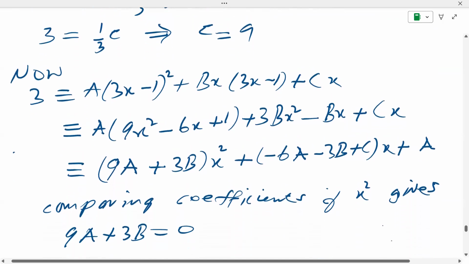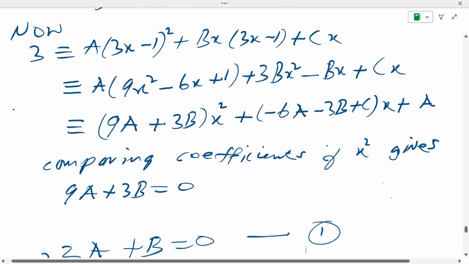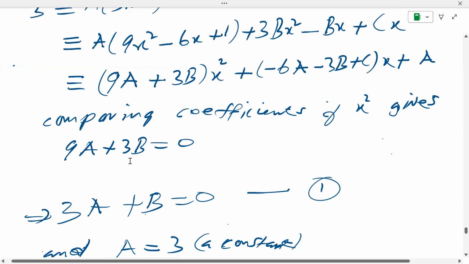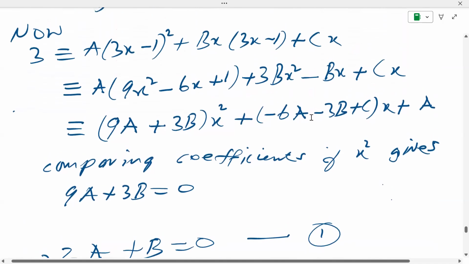Now I want to compare coefficients of x squared. When we do that, it will give us 9A plus 3B. Over here, the coefficient of x squared is 0, so that will be equal to 0. Now 9 and 3 are common, so you can divide through by 3, so you get 3A plus B equal to 0. Let's call that equation 1. Now, from my expansion, we've seen that A is a constant, and that will be equal to 3.